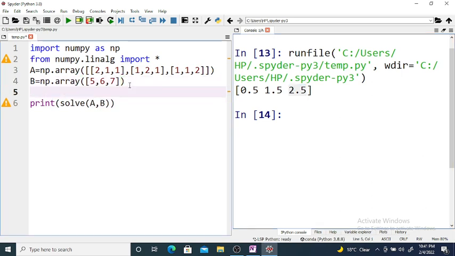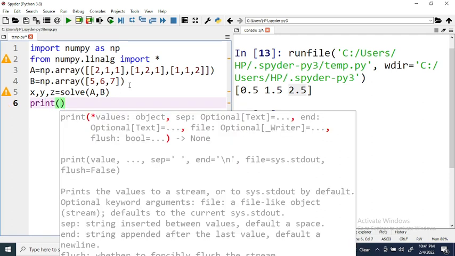You can also write this as: instead of print, write x, y, z equal to solve(A, b). Then write print: x is equal to x, next y is equal to y, and z is equal to z.